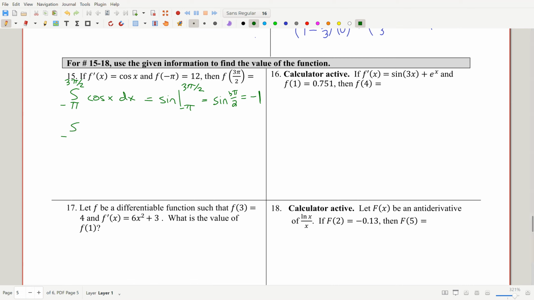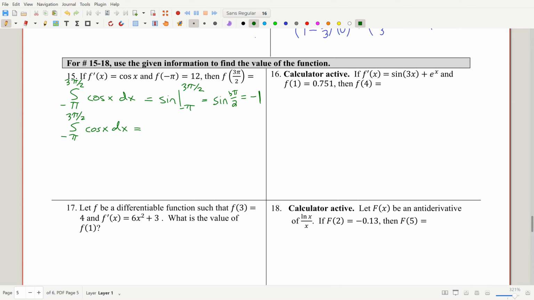So we're taking that same integral, and I'm probably writing out more than I need to. But again, there's also a better way to do this problem. When you're setting up the integral, you put the bigger number, like the f of the 3 pi over 2, on the top. That's generally what we do, especially if you're the one in charge of making the integral. Lower limit to upper limit.